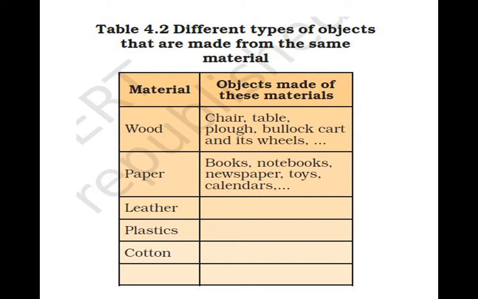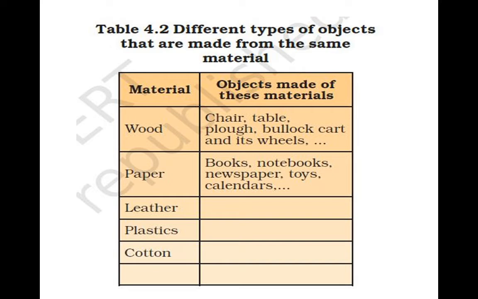Now, take the example of a pen. Why are we using a pen? To write, correct? If we use a pen made up of metal, can you write easily with that heavy metal pen? Some pens use a small amount of metal, metal and plastic both.